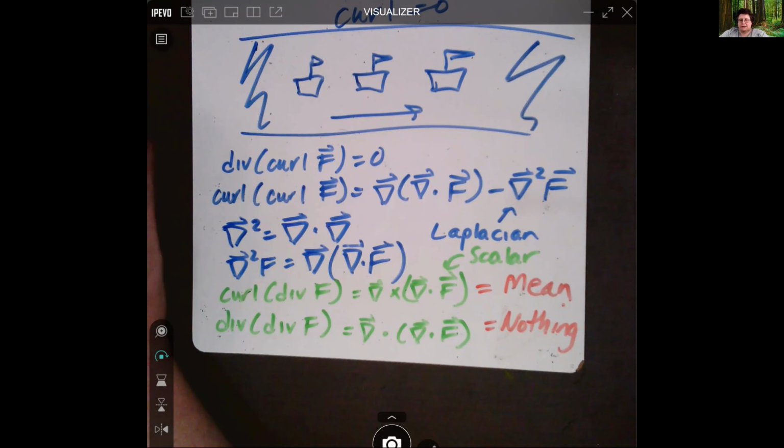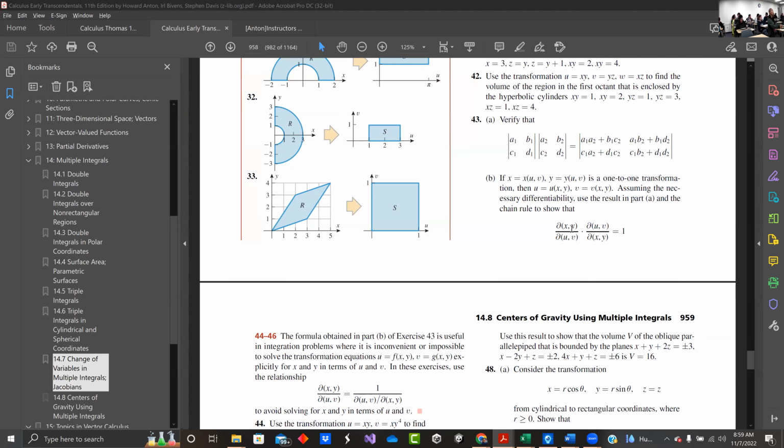And something else I wanted to show you guys. Eric brought this to my attention. We were talking about it at Starbucks yesterday. We were talking about the Jacobians and how one is the inverse of the other if you do it one way.